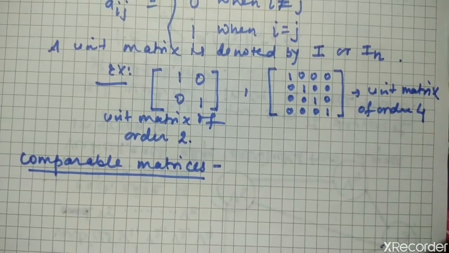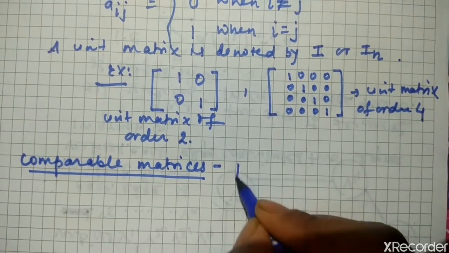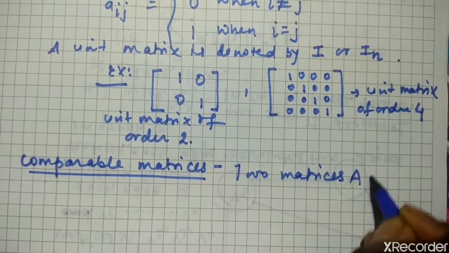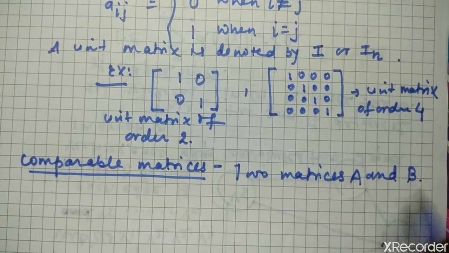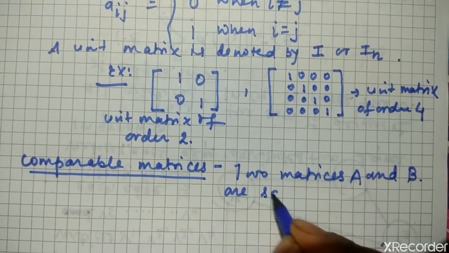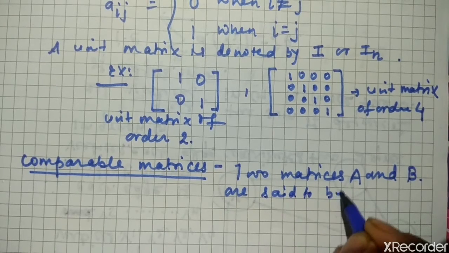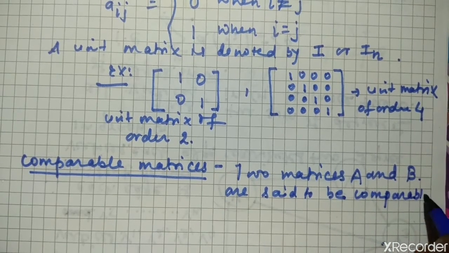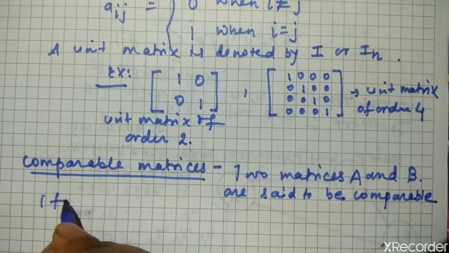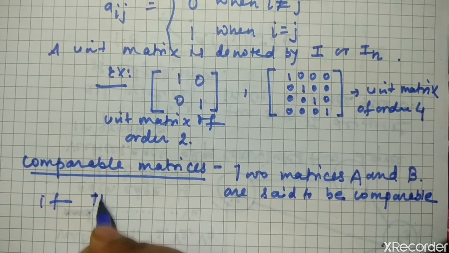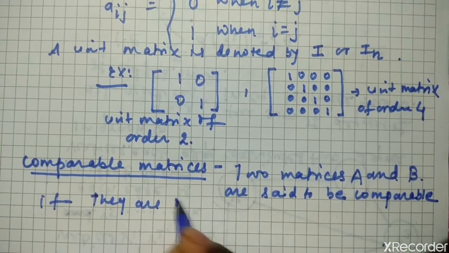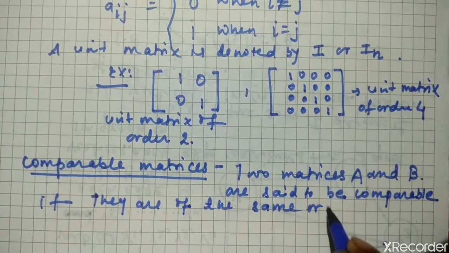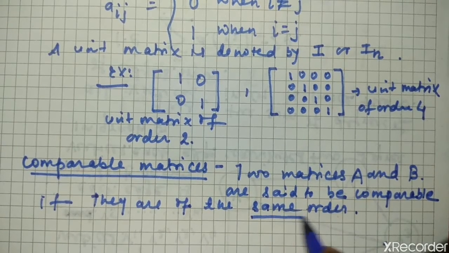Two matrices A and B are said to be comparable if they are of the same order. So order must be same.